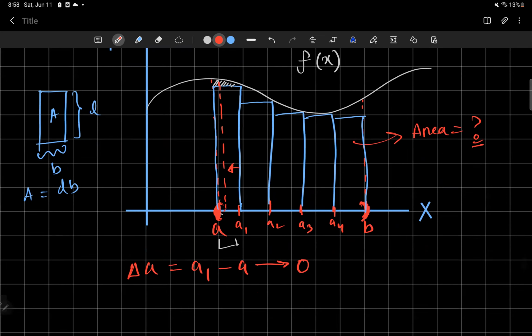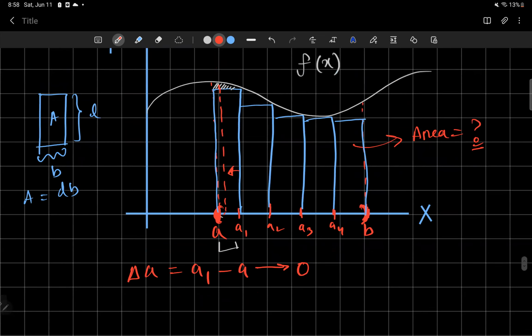In that case, you will have infinitely many rectangles inside this curve under the interval of interest. In this way, you can get a very accurate result. By accurate, I mean exact, because initially from this drawing there are some regions left, and you don't want to leave these regions out. So that was the idea of the Riemann summation.